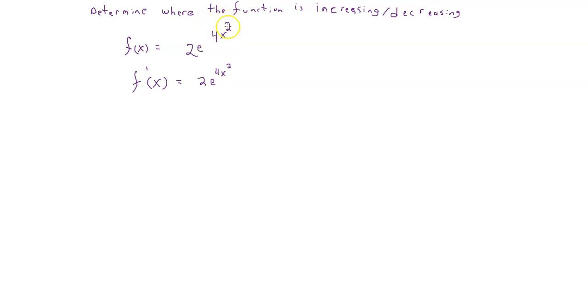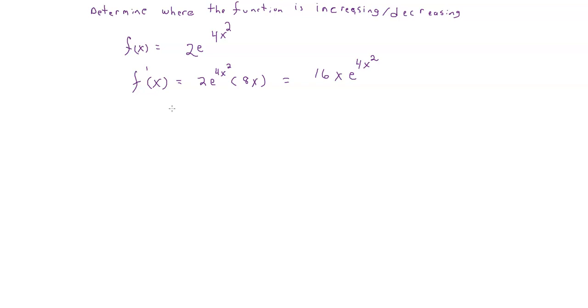The derivative of this exponent is going to be 8x: 2 times 4 is 8, x to the 2 minus 1. So this is going to be multiplied by 8x. Then if I clean it up, I get the derivative of this function is 16x e raised to the 4x squared.